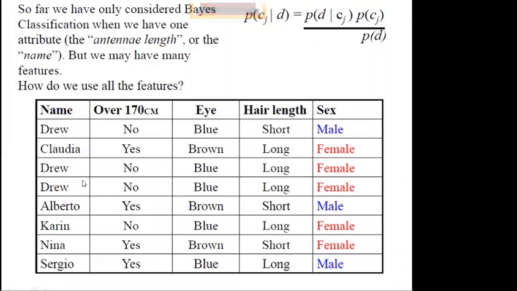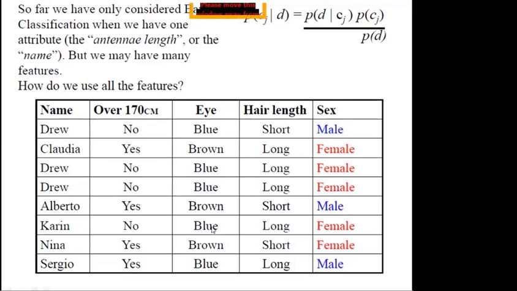Previously it was just name. Now these three additional features are there. Name along with these features must all be considered to classify that person as male or female.